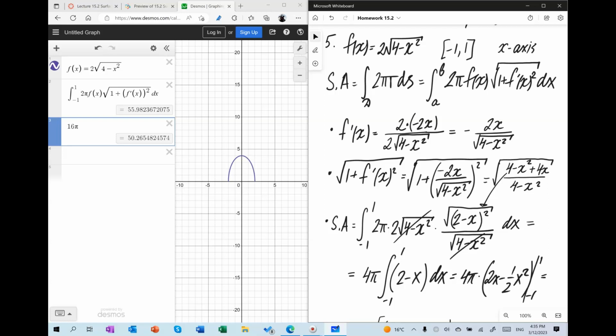Let's double check the work real quick. But is it some number of pi? It's definitely some number of pi, so let's just throw in a 1 over pi to remove the pi. I guess some square root is present there. Maybe it was more complicated than I thought.